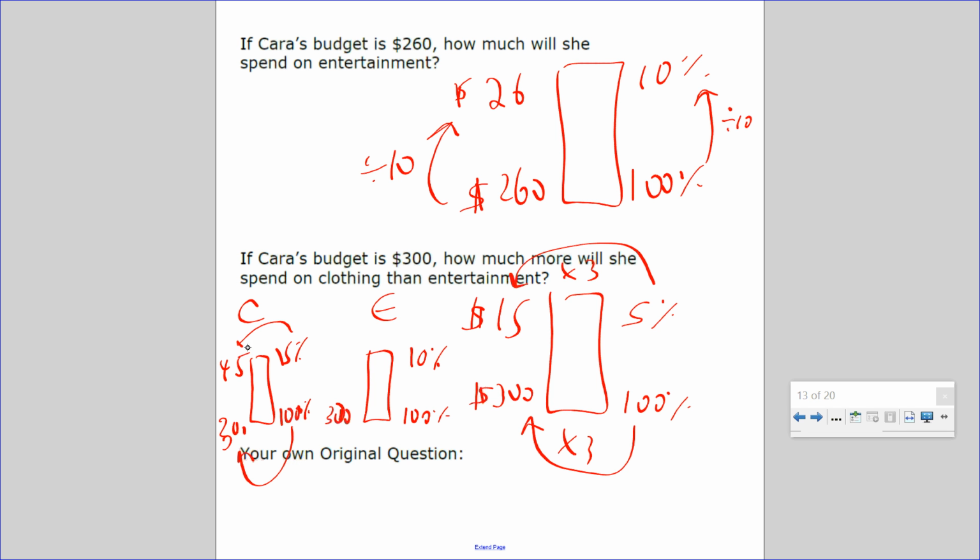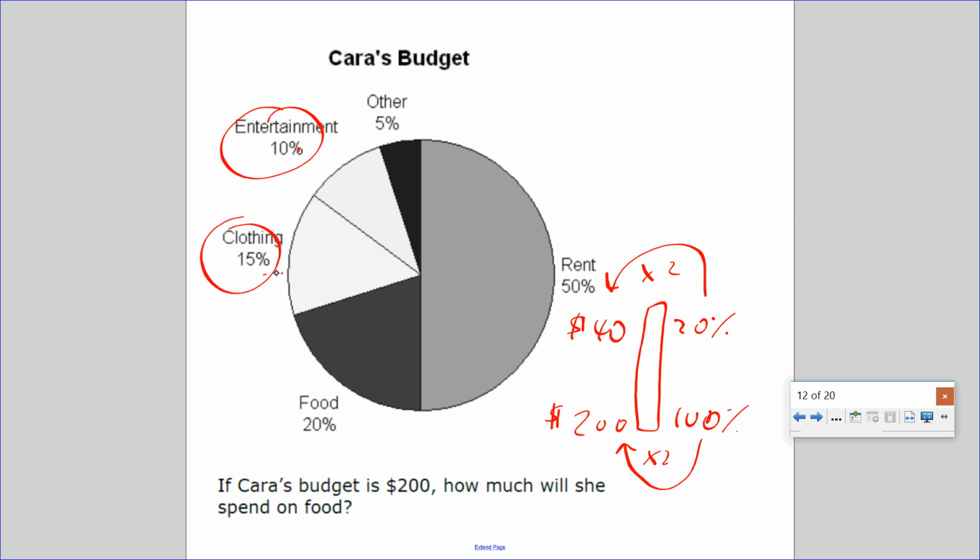So she spends $45 on clothing out of $300, and for this one, she spends $30 on entertainment. How much more is clothing than entertainment? By $15 more. That's one way to do it. I personally think it's faster to figure out how much more percentage clothing is than entertainment, by 5%.